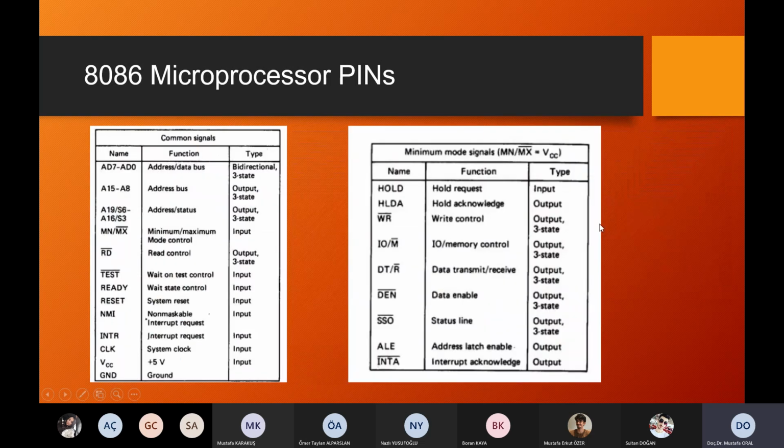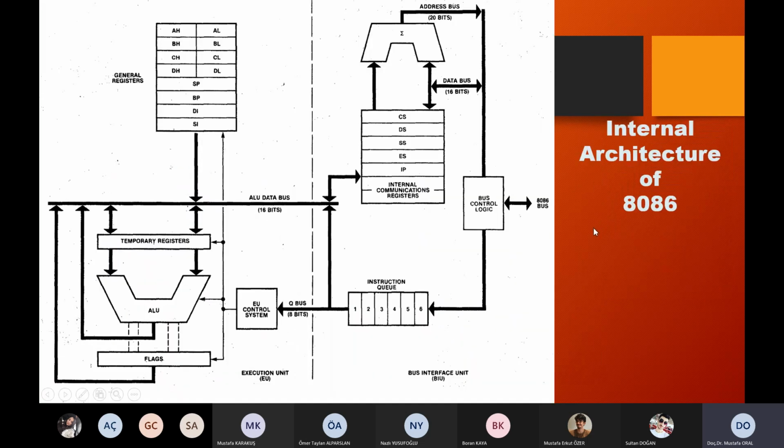Let me show you. Okay, this is the internal architecture of the microprocessor, and there is an instruction queue here, and I will be introducing you to it a lot. But I remember saying that the 8086 is revolutionary from its ancestors because it uses an instruction queue inside, and this speeds up the operation.